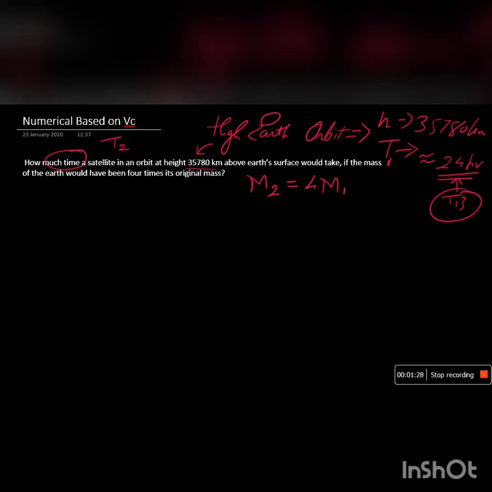This one, right? So this is the scenario: suppose this is the earth, this is the HEO, and here is our satellite, something like this. Height is given, this is our radius. By the way, what is the radius of the earth? 6400 kilometers. And this is our R, right?